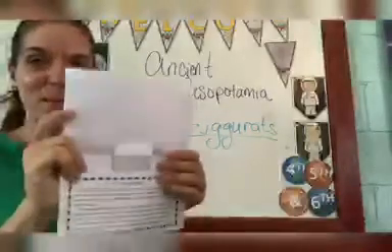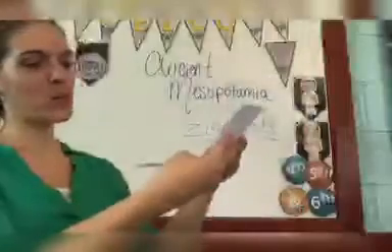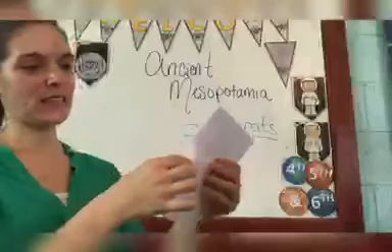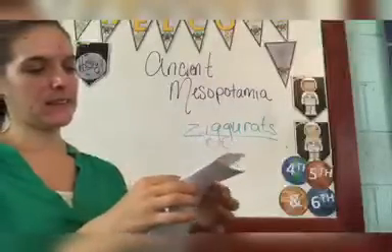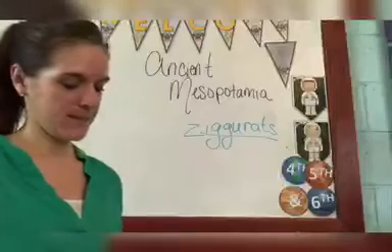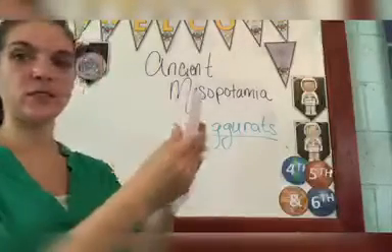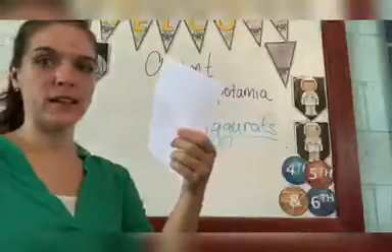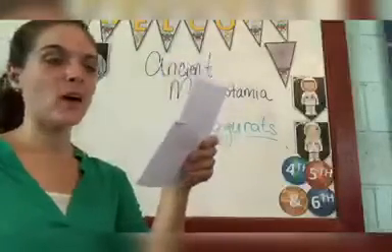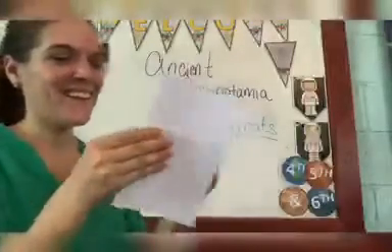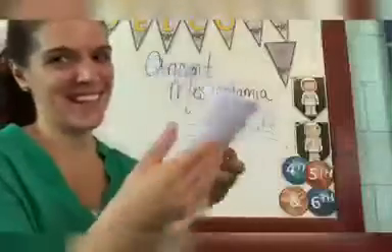Take that piece of paper and fold it in half. Okay, so you have to like be careful with it. Fold it in half. Fold it in half, fold it in half. Okay, now, sorry. Now fold it in half this way.